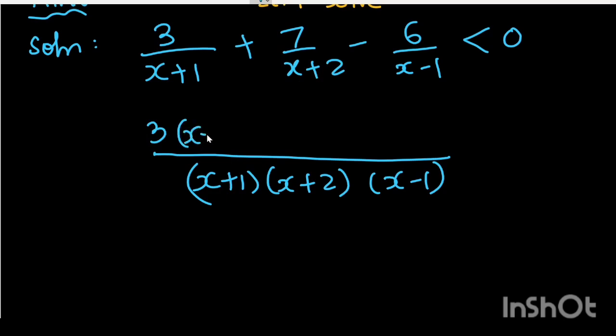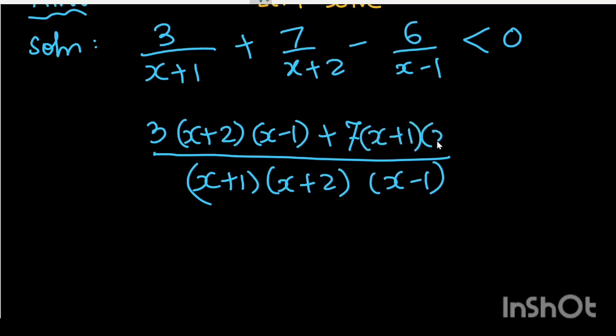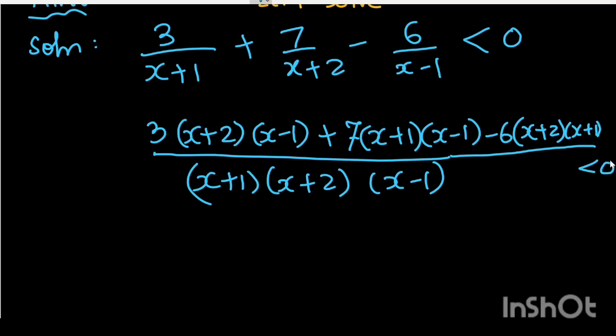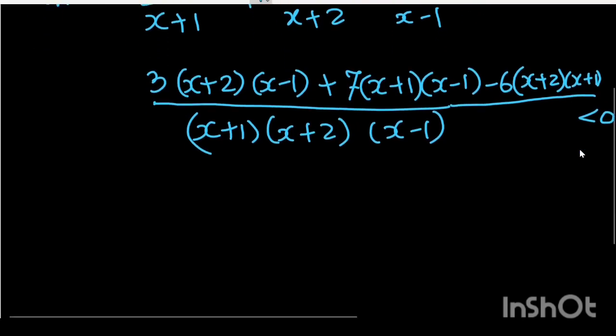Similarly, 7 would be multiplied with x plus 1 into x minus 1, and minus 6 would be multiplied to what? Yes, x plus 2 into x plus 1, less than 0.